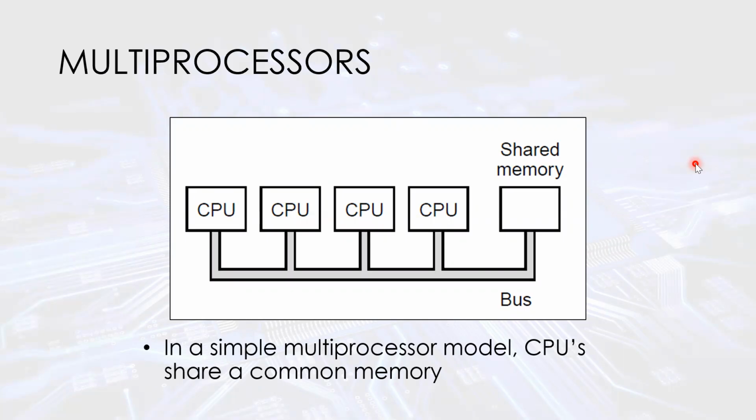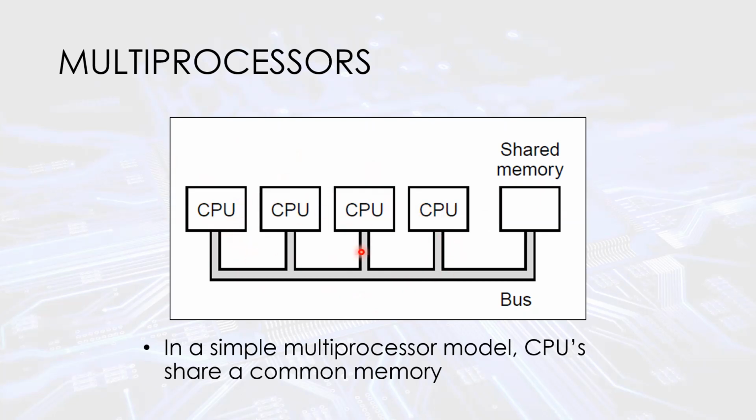Okay, so just a few key terms and a few things to think about. Multiprocessors is just what it sounds like: I have multiple CPUs connected in a system. There are basically two ways we typically see this done.